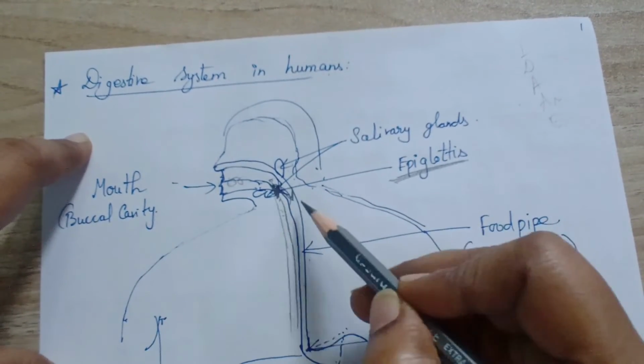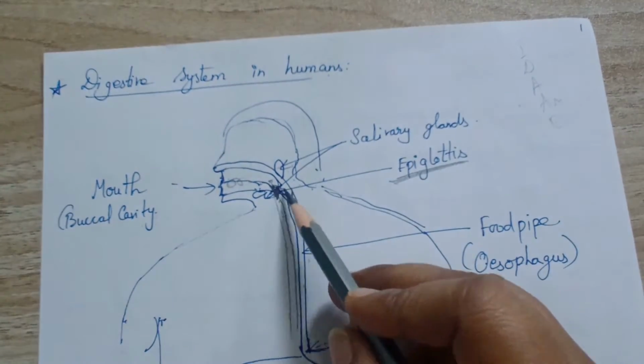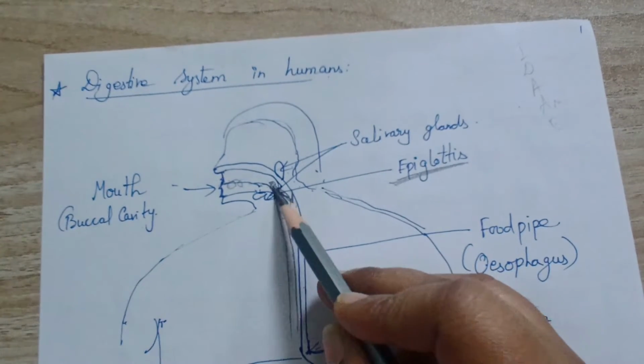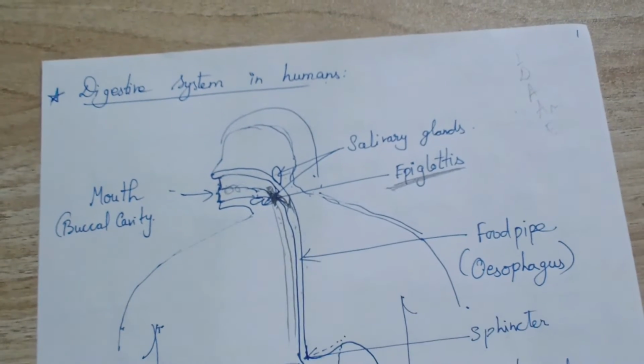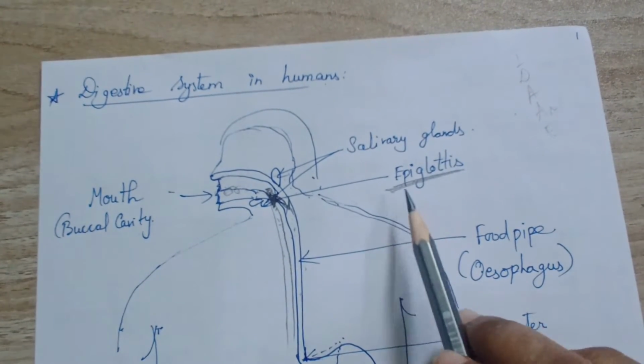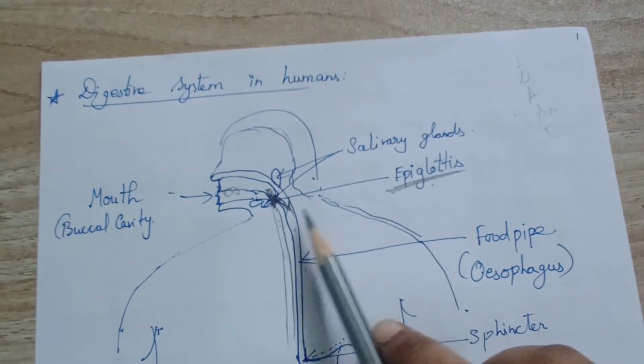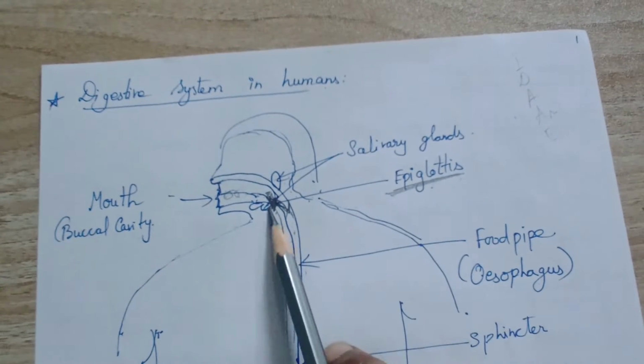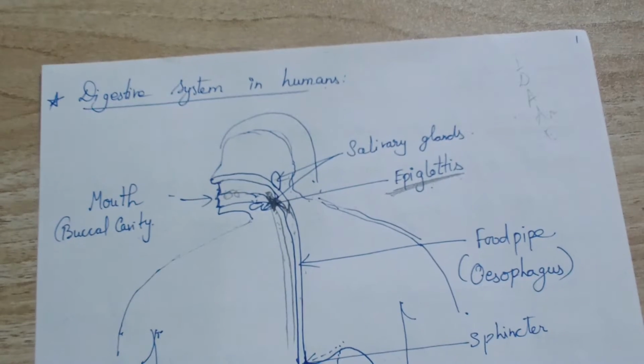It will allow the food only to move like this into the food pipe. That valve is called the epiglottis, which controls the movement of food only to the food pipe.